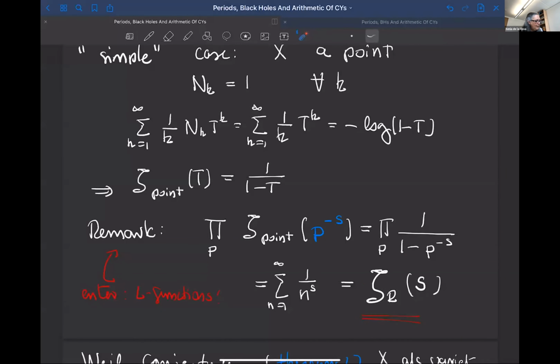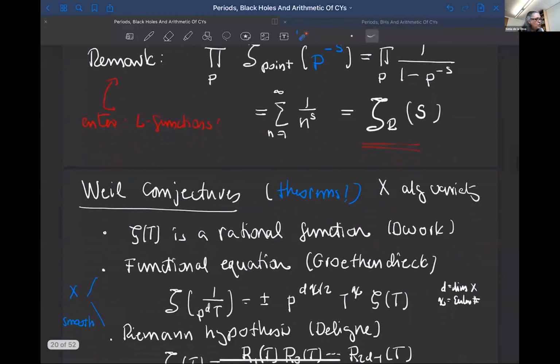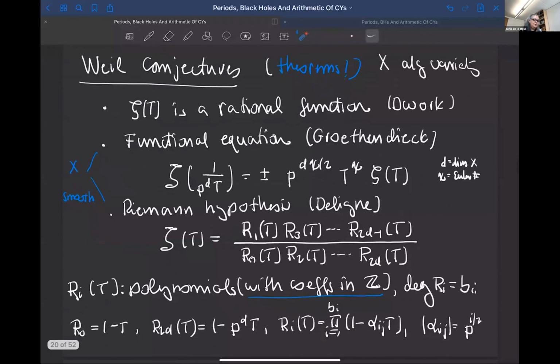So here, when we go from the local zeta function for a given prime, and we take the product over all the primes, then we go to what is called in number theory the L function. And eventually we are interested in the L function of Calabi-Yau manifolds. More generally, the zeta function satisfies a number of properties.